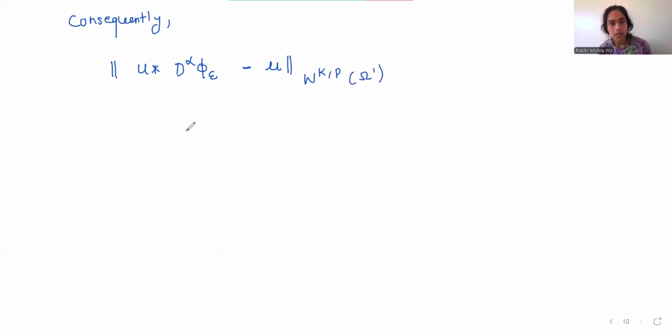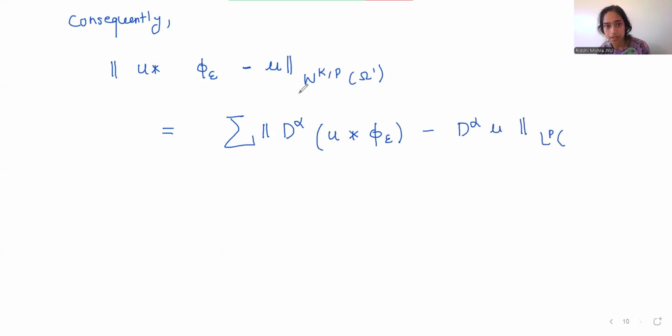So consequently, the norm of u convolved with phi epsilon minus u, by definition, is the sum of the norms of D^alpha (u convolved with phi epsilon) minus D^alpha u.